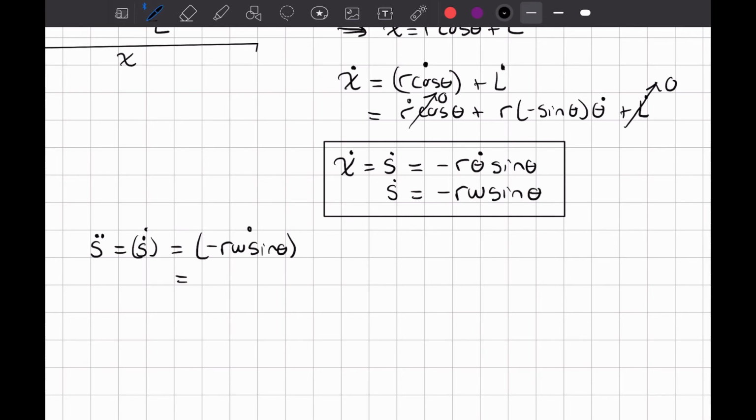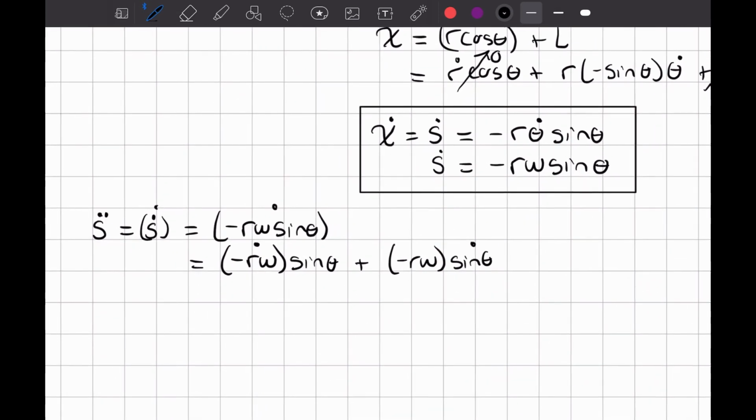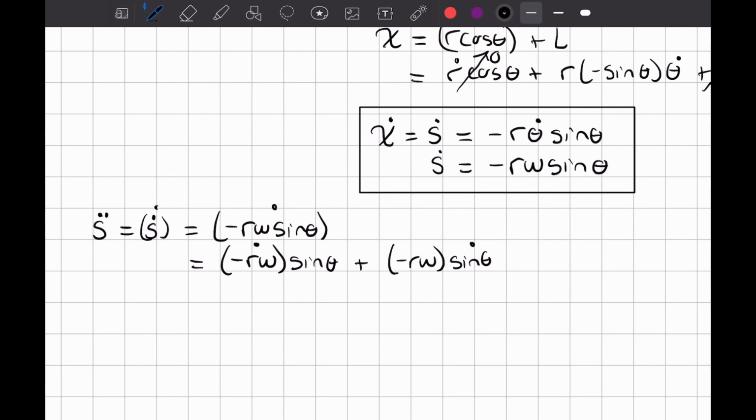So what we can do here is we'll do minus R omega times the derivative of sine theta, plus the derivative of minus R omega times sine theta. Okay? But as we can see here, in minus R omega, that whole entire quantity with the time rate derivative, we're going to have to do the product rule again for that.